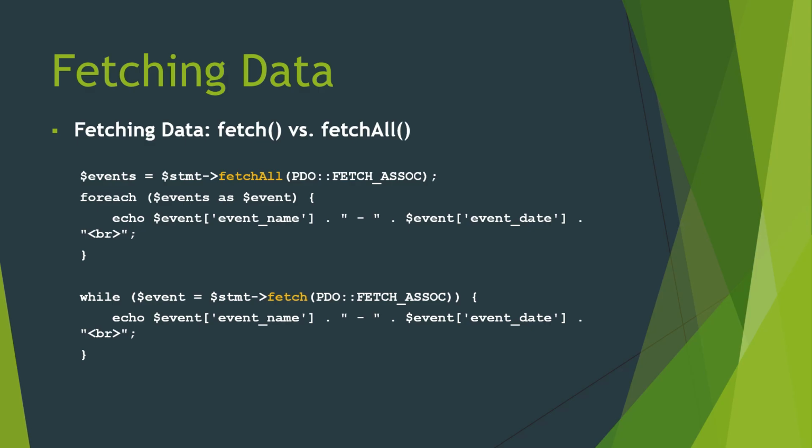This is best for cases where we need to process one row at a time: pull the first row and do something with it, then pull the second row and do something with that, and continue on. But if we want to just pull everything and display it, and not really manipulate it as we pull it, then we would use fetchAll.